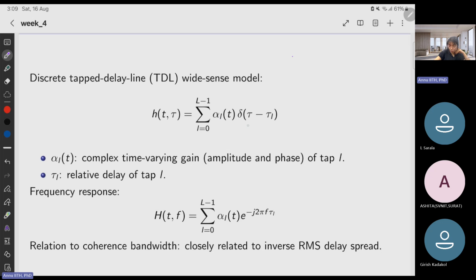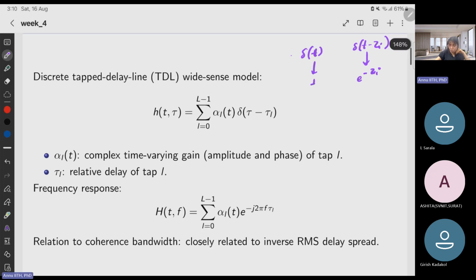What is the Fourier transform of delta(t)? You know, it is nothing but 1. What is the Fourier transform of delta(t minus tau_l)? It's nothing but e power minus j omega tau_l. So if a channel is there, it is actually a phase shift.